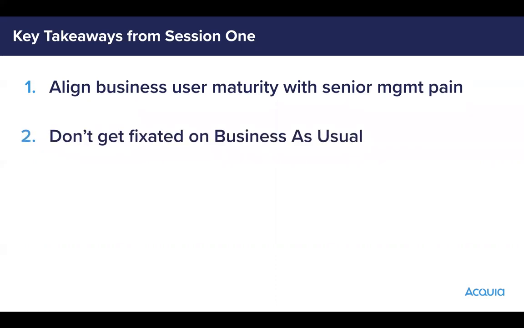Don't get fixated on business as usual. When you're moving forward, make sure that you're not always doing the same thing, or you're not going to give yourself the time and resources to do things like personalization, testing, and campaign management, because you're still looking at the past. We'll talk a bit about business as usual pitfalls today as well.